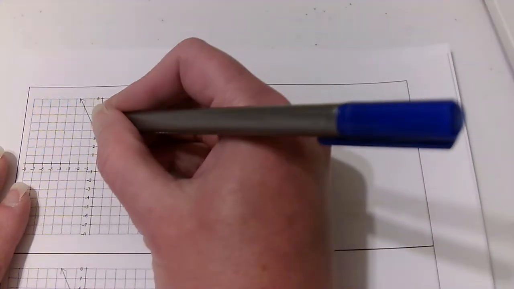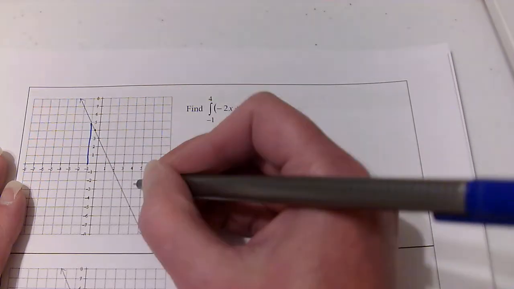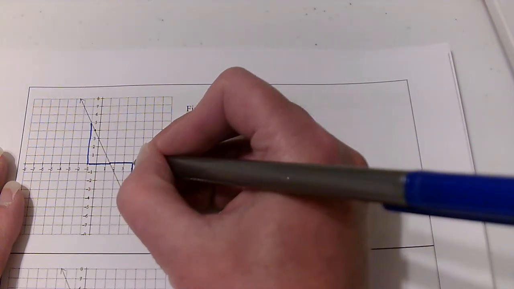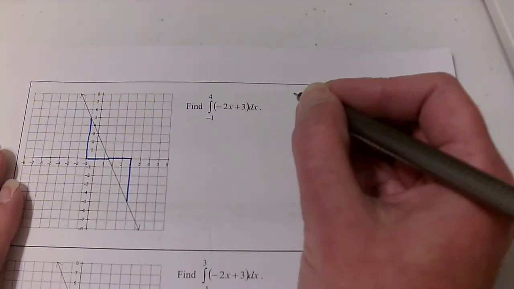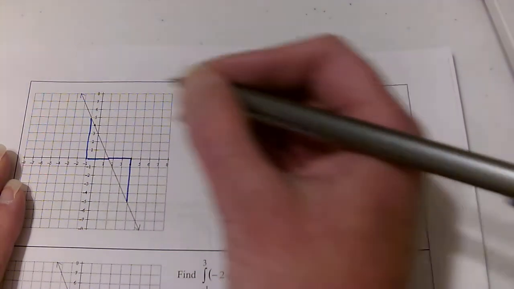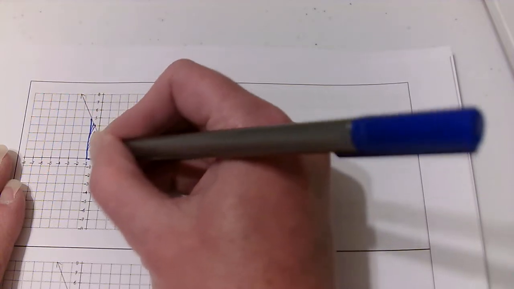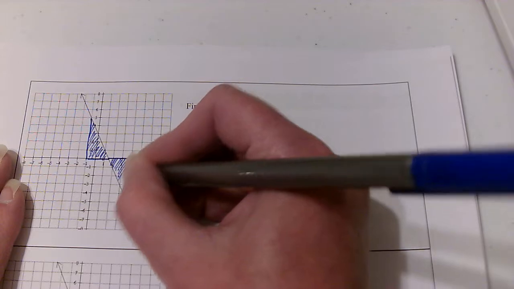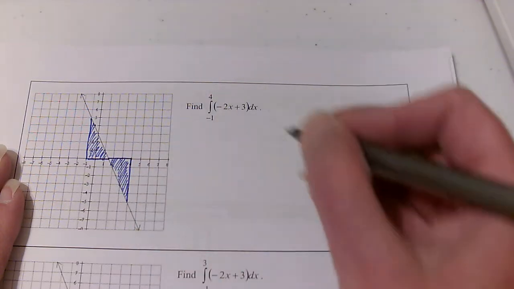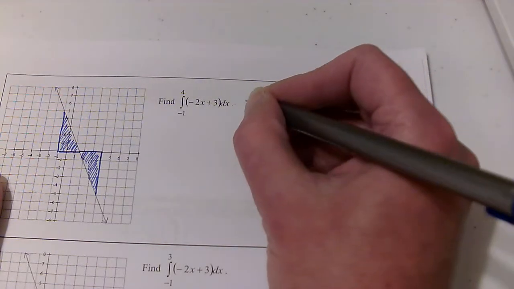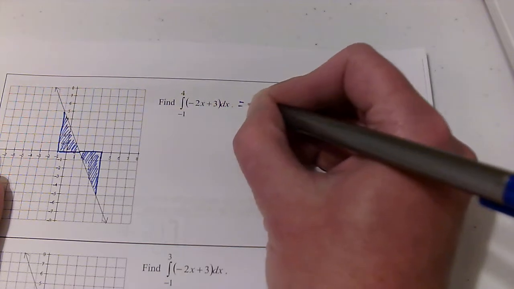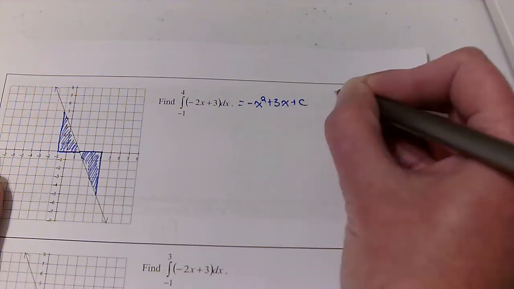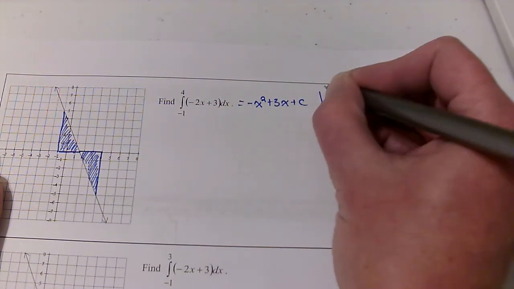So negative 1 to 4. We're talking about the area here and then the area there. Well, if we think about it logically, that would be a positive area. This would be a duplicate negative area. Let's see what happens when we plug in here. We know the antiderivative. We're evaluating between negative 1 and 4.